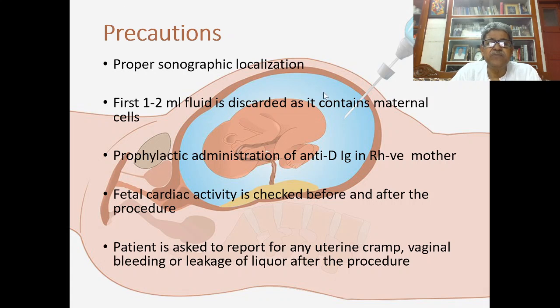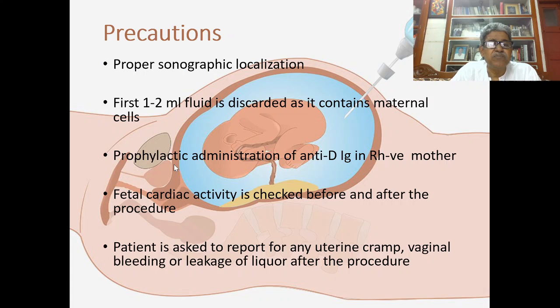In this figure, if you see, here is the best position, because here is the greater space of amniotic fluid. It may not hamper the baby. Number two, the first 1 to 2 ml of fluid is discarded as it contains maternal cells, as I explained earlier.